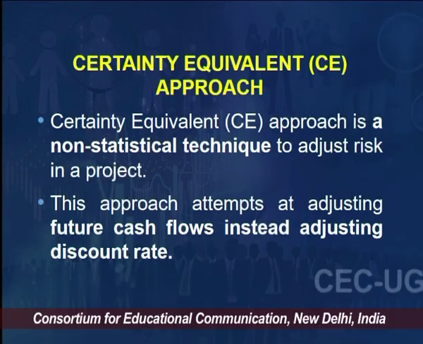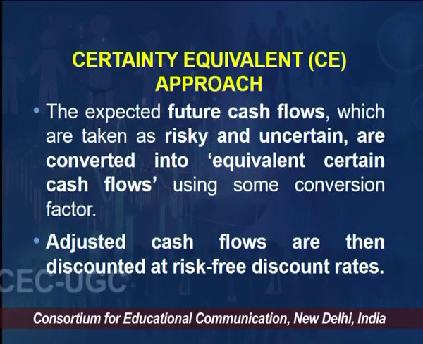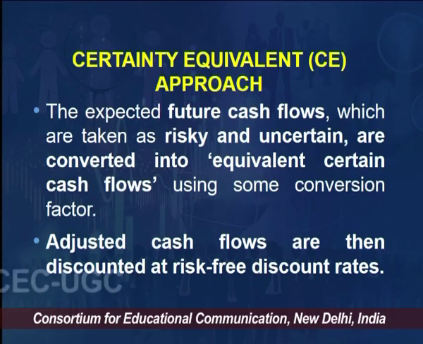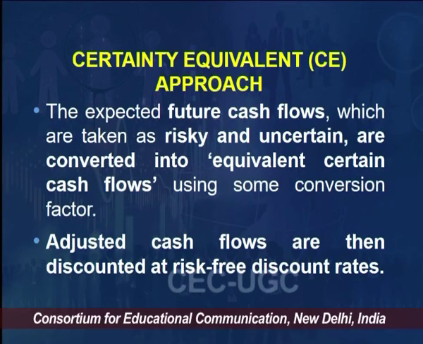We are adjusting the cash flows themselves, and we know the cash flows happen in the future. So, the expected future cash flows, which are taken as risky and uncertain, are converted into equivalent certain cash flows using some conversion factor, and the adjusted cash flows are then discounted at a risk free discount rate.